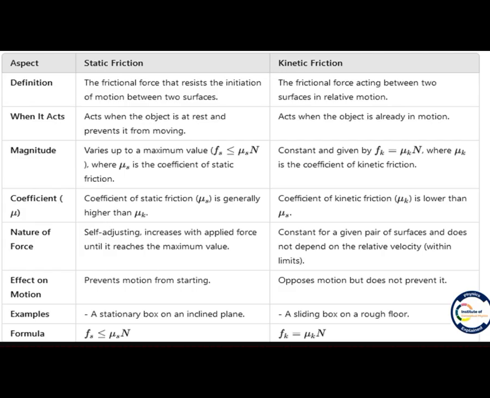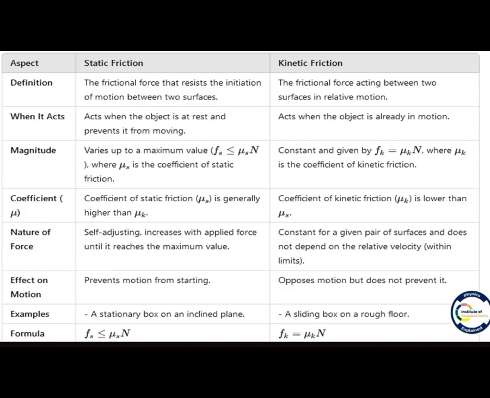Say the maximum static friction available to you, mu s into N, is equal to 15. I will help you understand this with an example also, but just listen through this. So the difference is essentially in the magnitude also, not only in the way it acts. The static friction you can see is very adjustable.